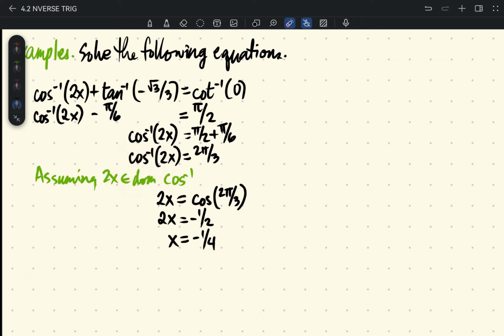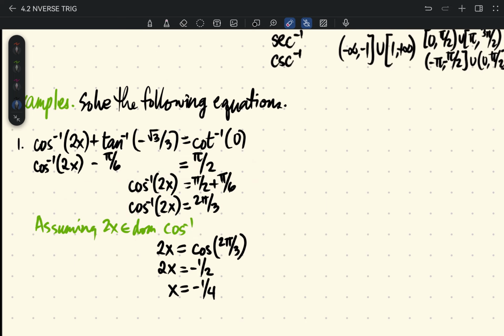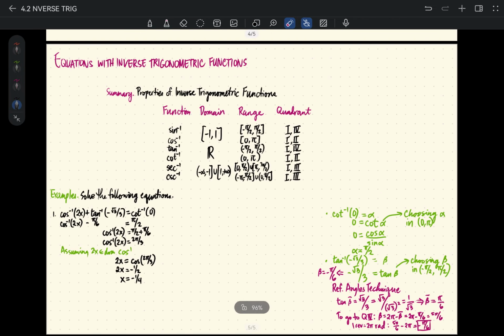Then assume that the one inside is in the domain of your inverse trigonometric function so that you can apply the original trigonometric function to both sides. Then from here, solve for x. Okay? So let's proceed to the next example.